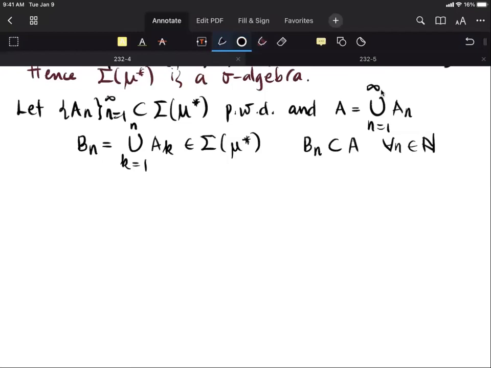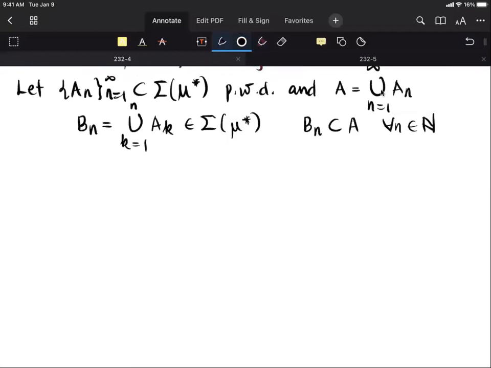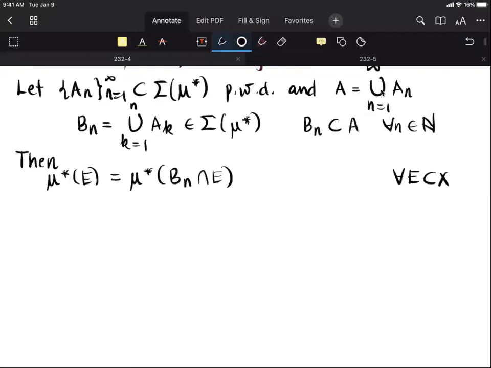Okay, so for this, let us look at the following. Since B sub n is measurable, then if I take any subset E of X, the outer measure of E is equal to the outer measure of those elements in E that are in the measurable set B sub n and those that are not in B sub n.